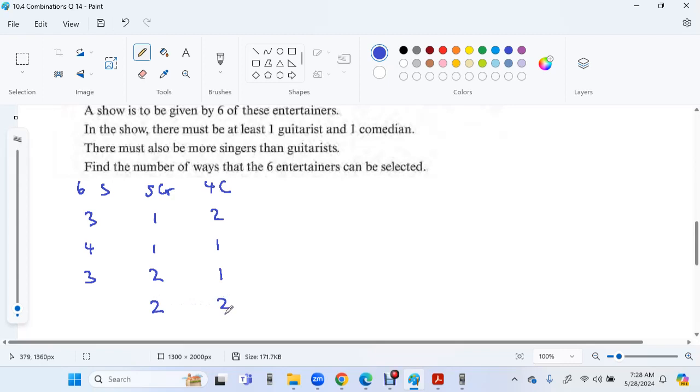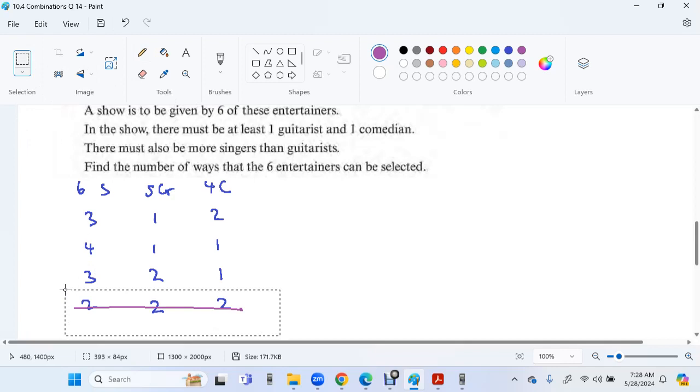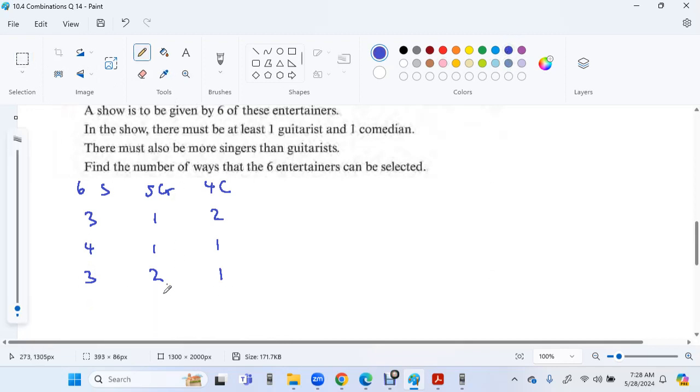Okay, 2, 2, 2. Then this one also cannot, because the singers must be more than guitarists. So this one also cannot. Okay, so 3, 1, 2.